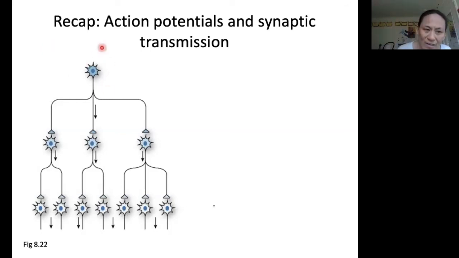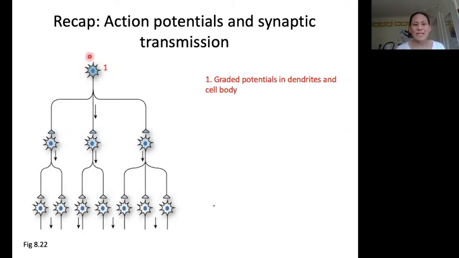So we're going to generate a signal up here and watch what happens to it as it moves through this network of neurons. Okay, so we're going to start up here. First, we get a graded potential in the dendrites and cell body of this neuron, okay? Next, those graded potentials are going to come to the trigger zone, they're going to sum, and if you reach threshold, we're going to get an action potential. If we don't reach threshold, nothing happens.